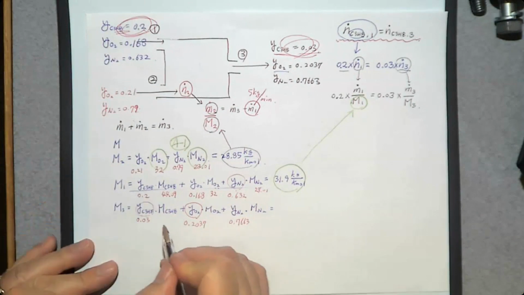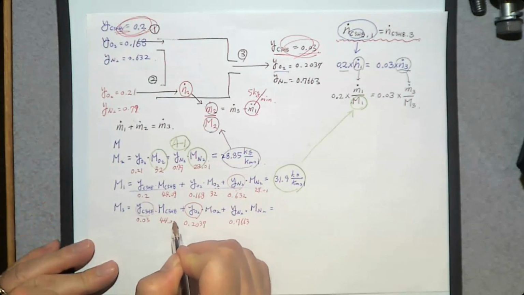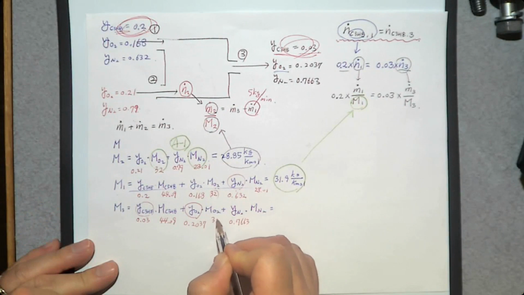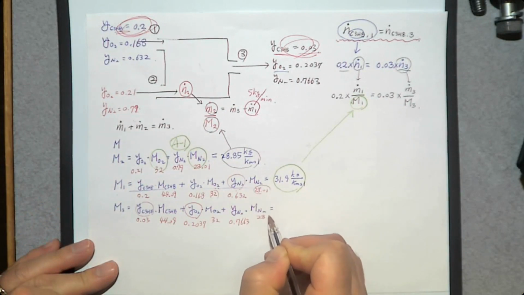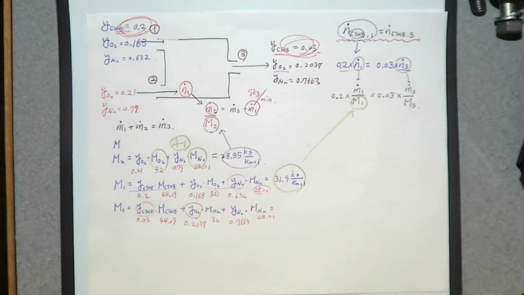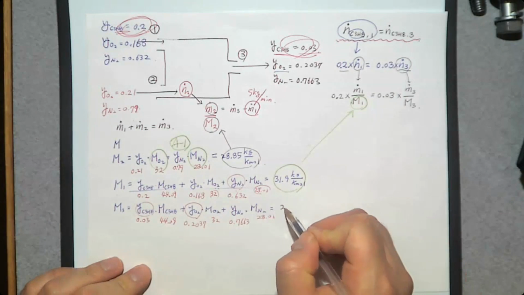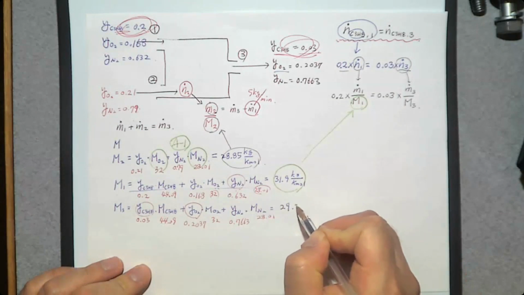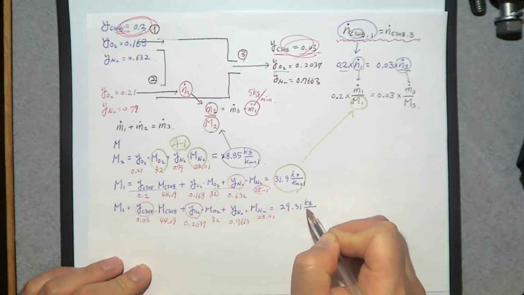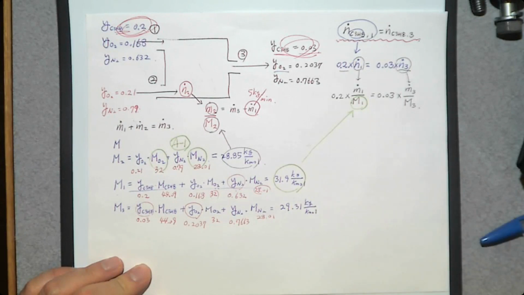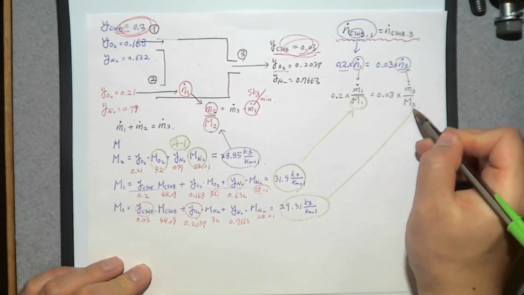So this one first, 44.09, 32, and 28.01. Then the average molecular weight at the exit number 3 is going to be 29.31 kilogram per kilomole. Then this one goes in here.